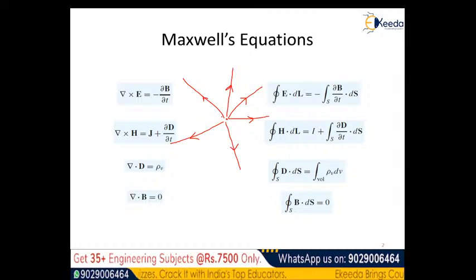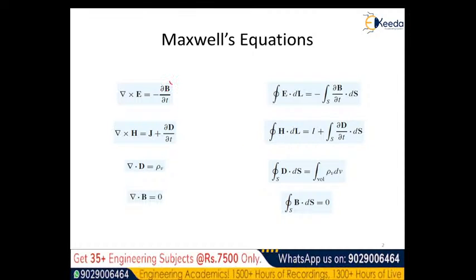So this is not a kind of rotation. When we are talking about the static equations, first of all we find it to be equal to 0. But when we have time varying fields, with the change in time the observation is that this is equal to minus del B by del t. So B is the magnetic flux density. The explanation I have already provided in the previous lecture.